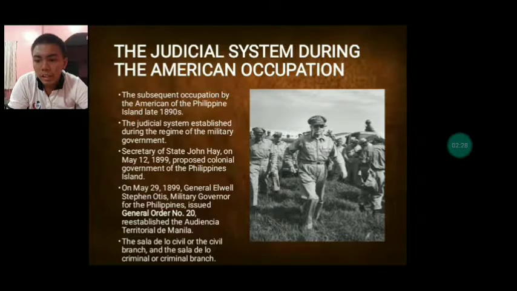It applies Spanish laws and jurisdiction, and recognizes the American military governor's continuing force.